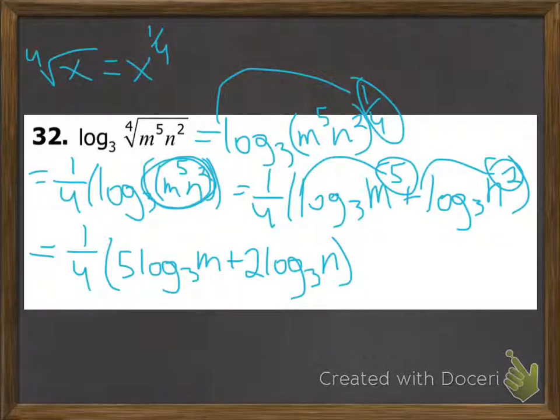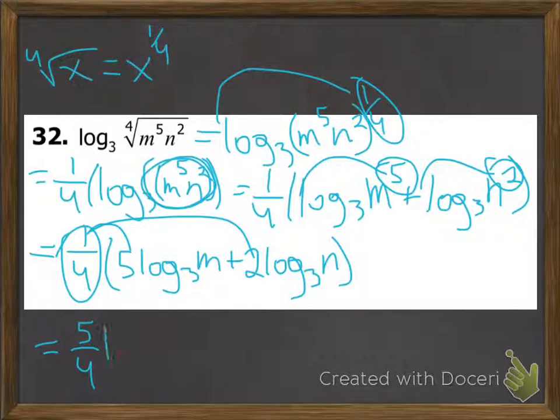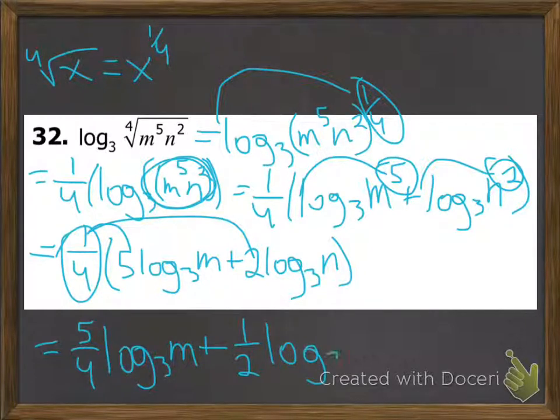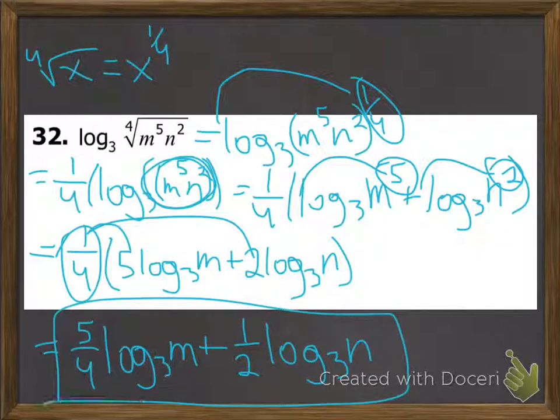And so now, final step, you're going to take that 1/4 and multiply it to the 5 and the 2. So 1/4 times 5, that's just going to give me 5 over 4 log base 3 of m plus 2 times 1/4 is actually going to simplify down to 1/2 log base 3 of n. And then this is your final answer.